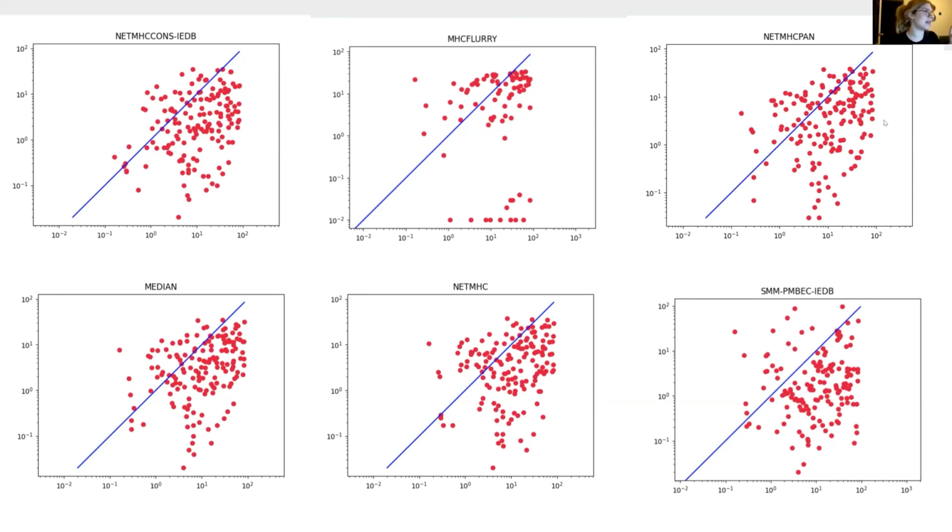We see that MHCflurry gets really good results when the peptide is in its training data, but really bad results and gets further away when it is not a suitable peptide for it. And the other models' results can be good for our data to fit in.